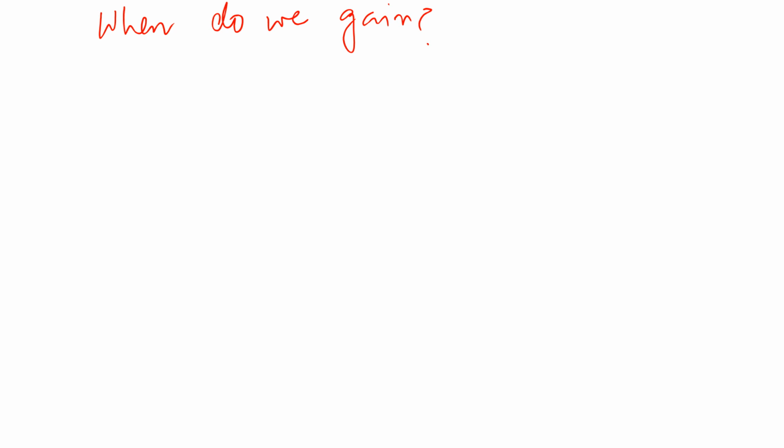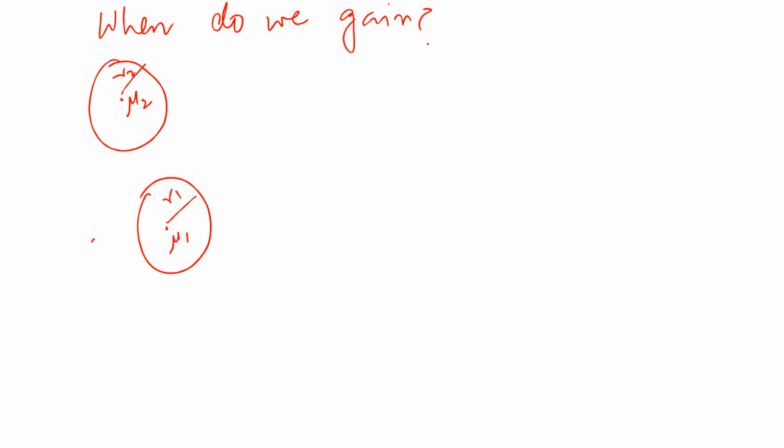To understand that, let's quickly draw the clusters that we had. So this was my mu2, the radius was r2, and this here was my mu1, and my radius was r1, and this was my point x, right? So basically we know that this distance, and if we found any point here, is going to be ||x - mu2|| - r2, right?